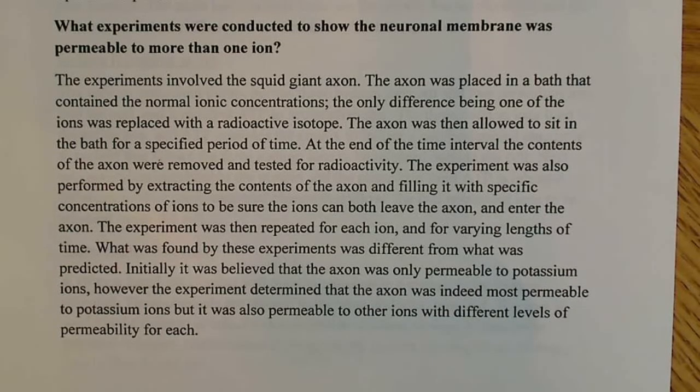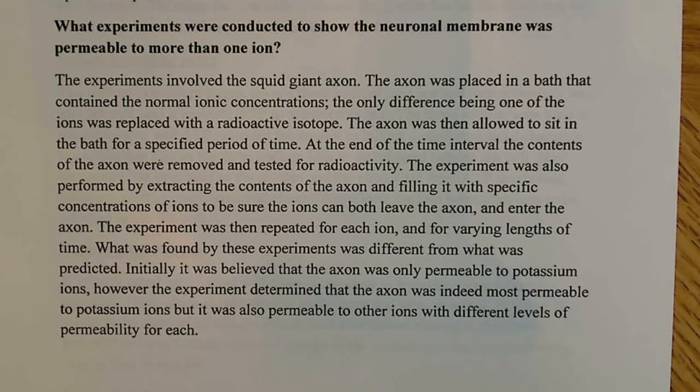They wanted to be sure it worked both ways. The experiment was then repeated for each ion. Each time they chose a different ion, used the radioactive isotope of it, and repeated the experiment. They also did it for varying lengths of time, varying the amount of time the axon was in the bath, or the amount of time the contents were inside the axon.